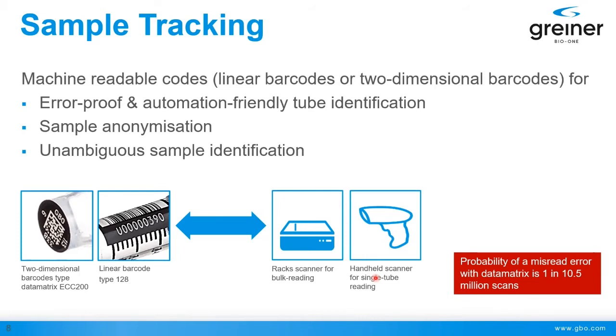And also, what is important, these barcodes are supplied from manufacturers in an unambiguous way. So each of these tubes or plates carries an identifier, which, if we talk, for instance, about Greiner Bio-One, is absolutely guaranteed to be unique. There is no other item you can buy from Greiner Bio-One which carries the same identifier. This is a very widely used system today.